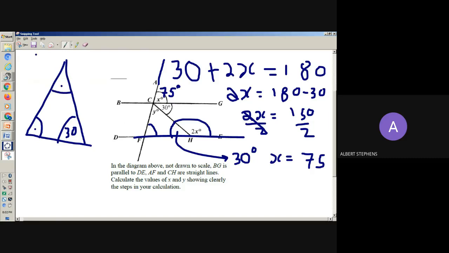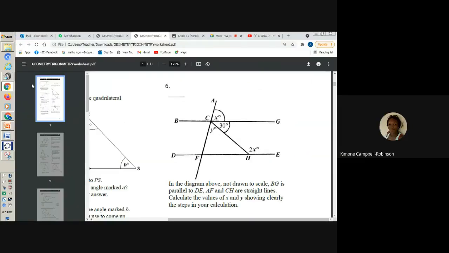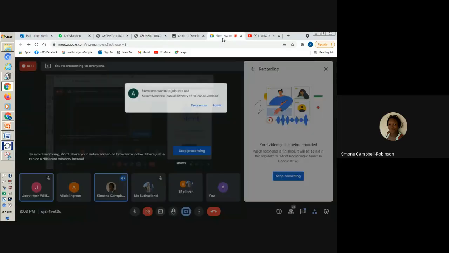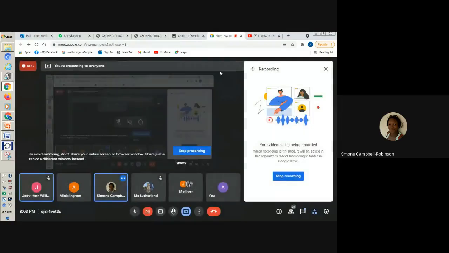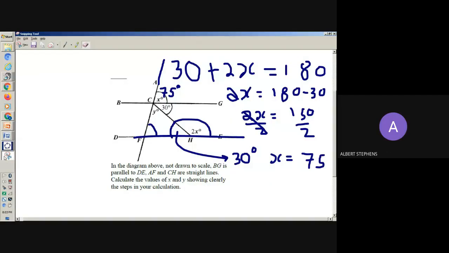All right. Anybody else? How do you figure out y? So you already figured out what x was in the triangle, which is 75.